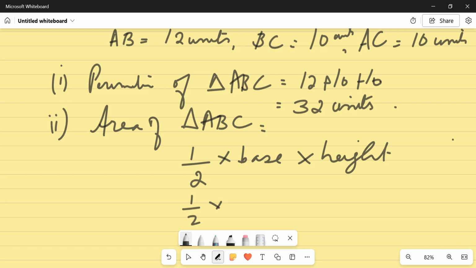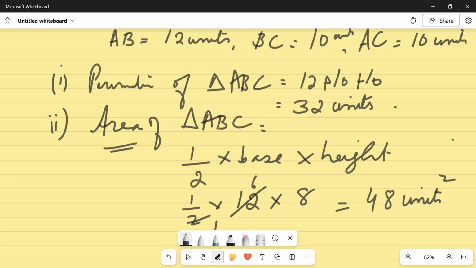What is the base I'm giving you? I'm talking about AB in the picture. So AB is 12, and height is 8. When we solve it, 2 times 1, 2 times 6, 6 eights are 48 units. We have found the area is 48 units square. Why square? Because this is area. Got it?